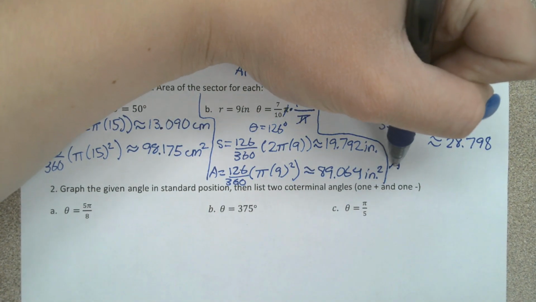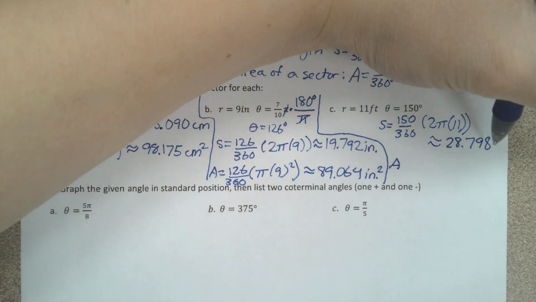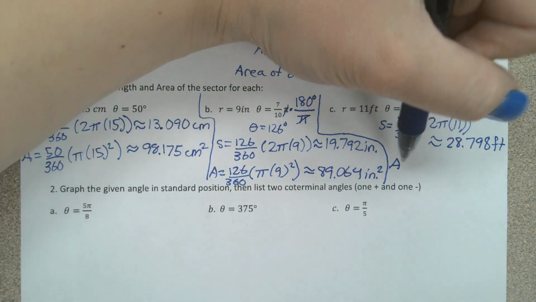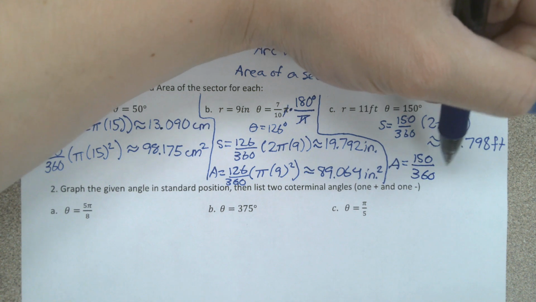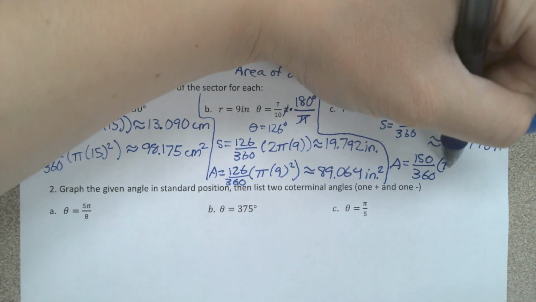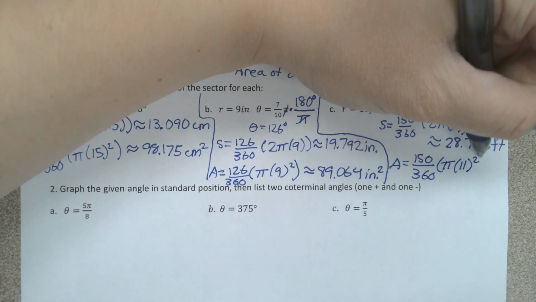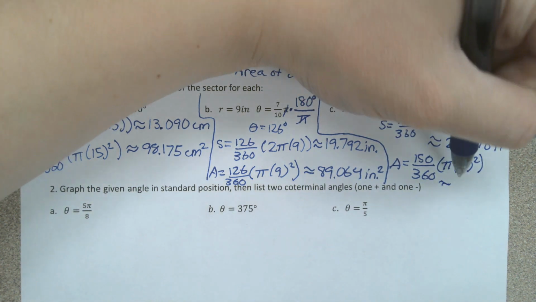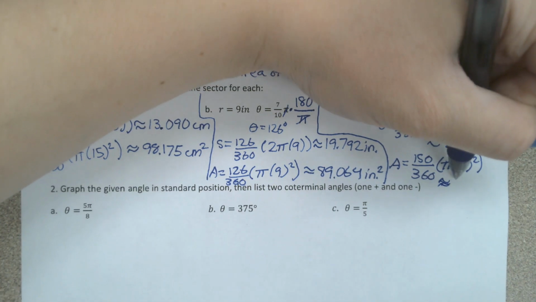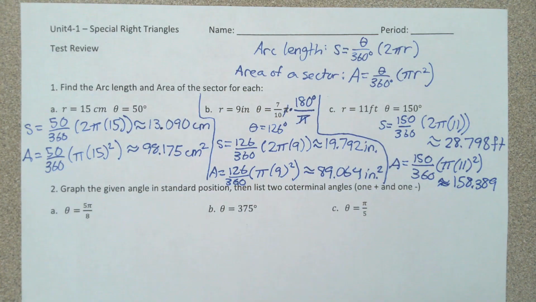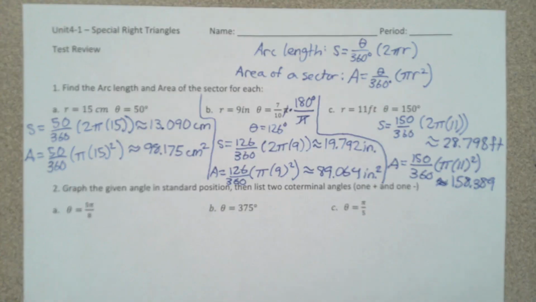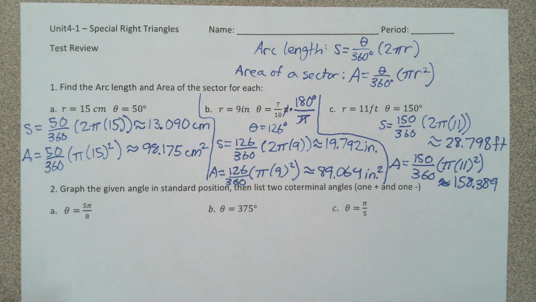And for area, label, this is feet. For area, 150 over 360 times pi 11 squared. And that will give us 158.389. And that should be it.